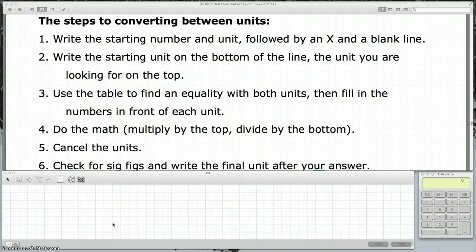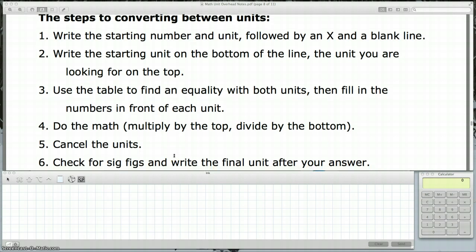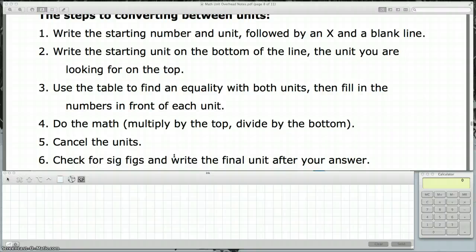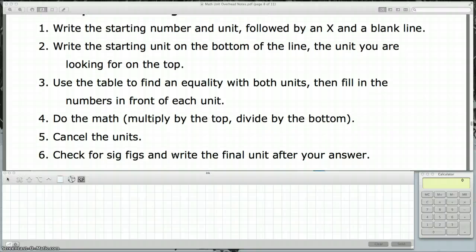Use the table, and I'll show you the table in just a second, to find the equality with both units in it. Then fill in the numbers in front of each unit. Do the math, that is multiply by the top number, divide by the bottom number, cancel the units, and then make sure that you write your answer with the correct number of sig figs, and you have the final unit for your answer.